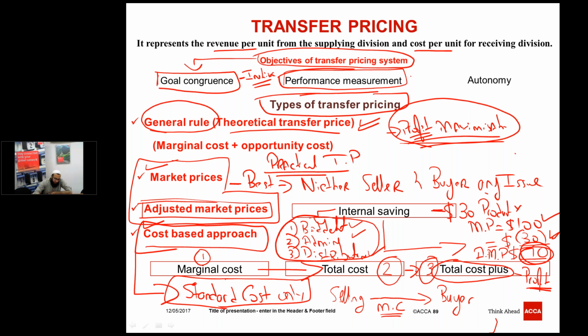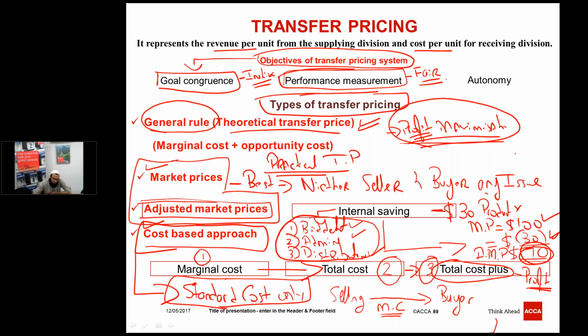If there is a fair transfer price, it will be easy to gauge the performance of both the seller and the buyer. But the price should be a fair transfer price, not something on which there is a dispute. Then there will be a fair performance assessment of both the seller and the buyer.